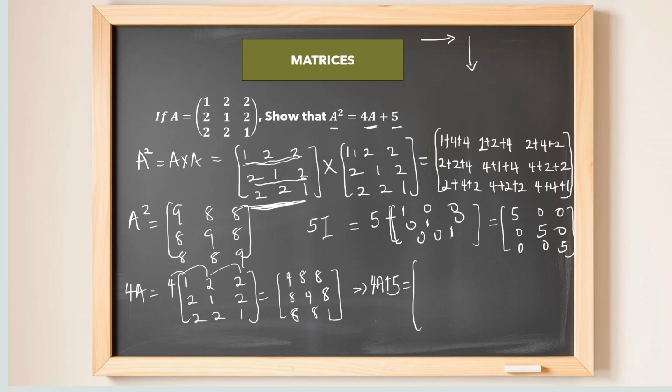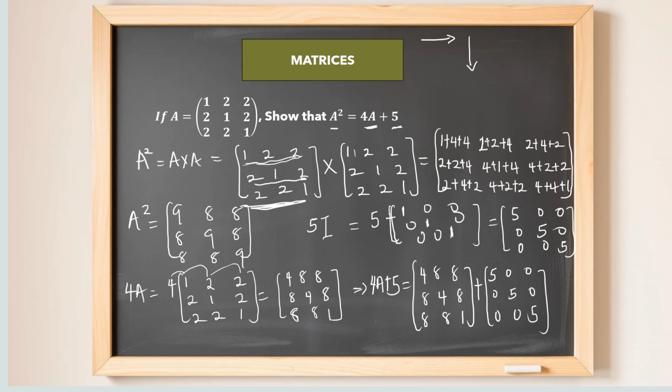And the 4A is 4, 8, 8, 8, 4, 8, 8, 8, 1, plus 5I, which is going to be 5, 0, 0, 0, 5, 0, 0, 0, 5.